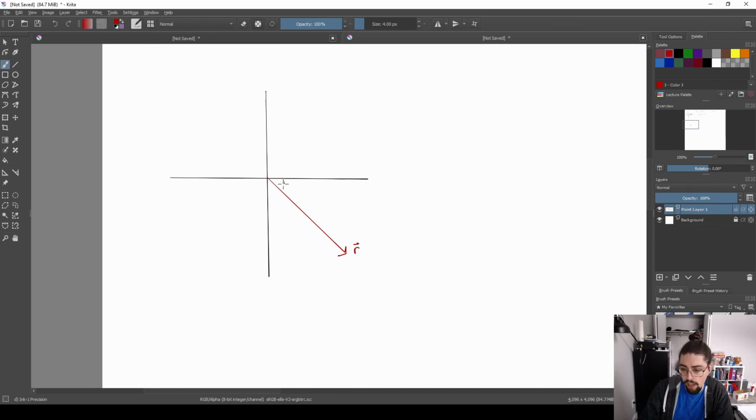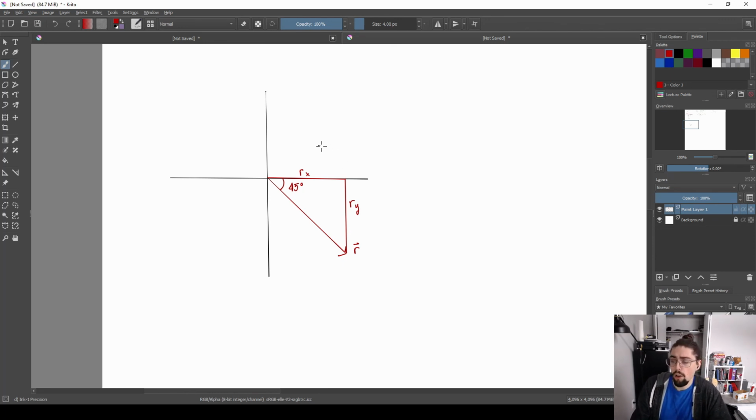We know that this angle right here is 45 degrees. So if I wanted to find the two components of this, what I would do is I would say, okay, I want to make a triangle out of this thing. I have this angle 45 degrees, so let me put that inside of my triangle. Then this piece is r of x, and this piece is r of y. And I can make those vectors if I would like to, either way.